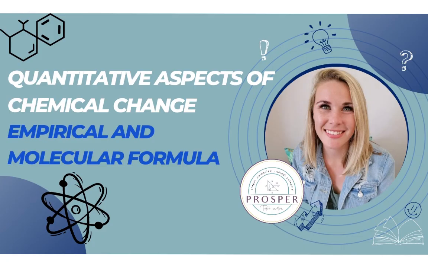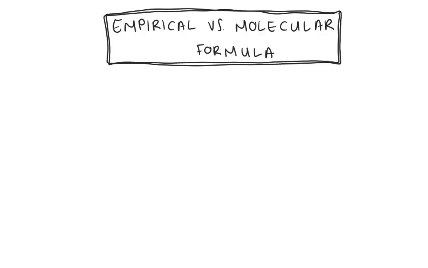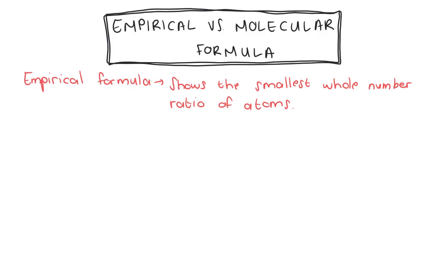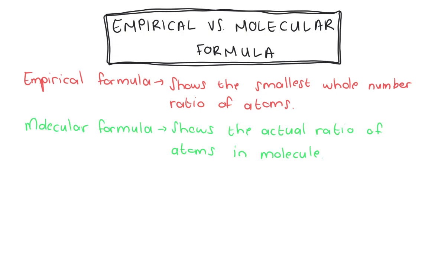So let's get started. Let's quickly take a look at what the difference is between an empirical formula and a molecular formula. Your empirical formula is the chemical formula of a compound that shows the smallest whole number ratio of atoms, whereas your molecular formula shows you the actual ratio between your atoms in a molecule.